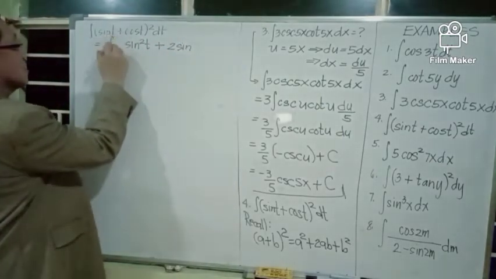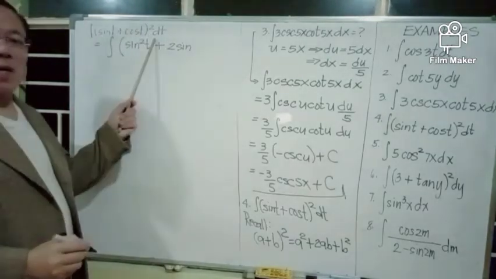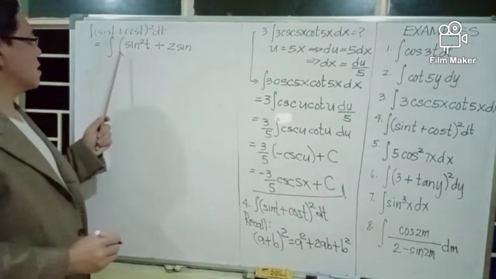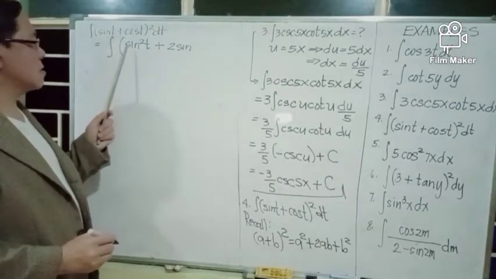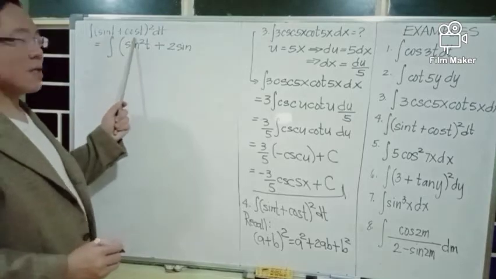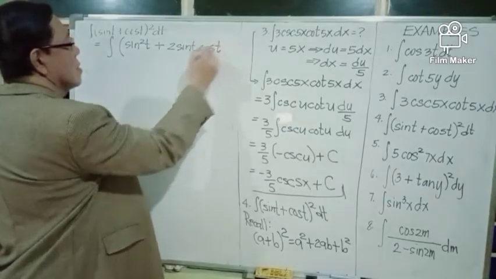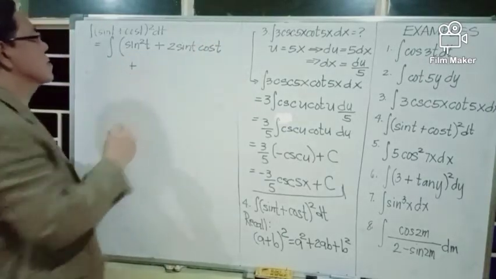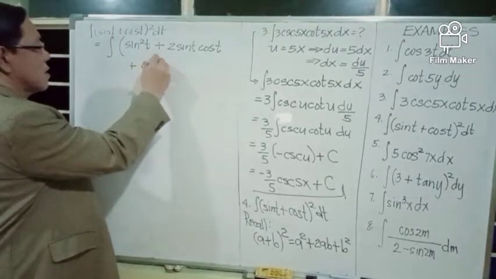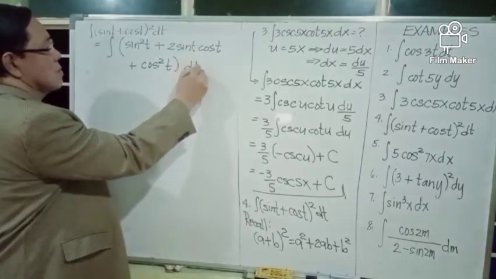This is the integral of the square of (sine t plus cosine t) with respect to t equals the integral of sine squared t, plus twice the product of sine t and cosine t, plus the square of cosine t, written cosine squared t, and we integrate with respect to t.